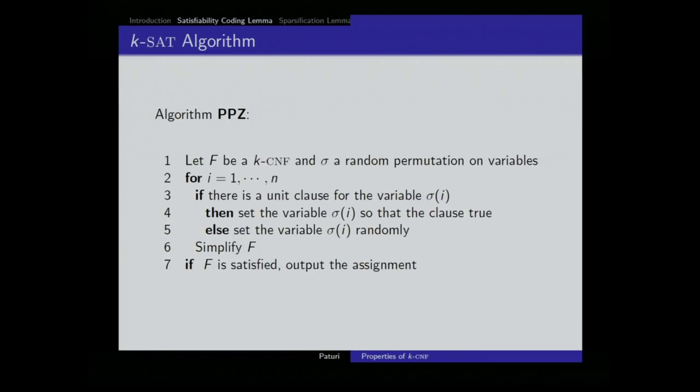Otherwise we randomly guess the value of the next variable. We simplify the formula and repeat, going through all the variables in this fashion to get an assignment, and if the formula is satisfied in the process, we output the assignment.